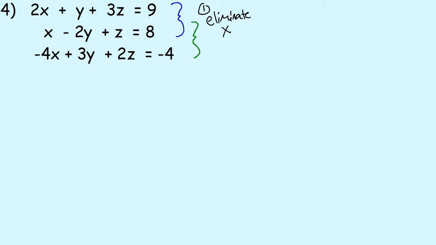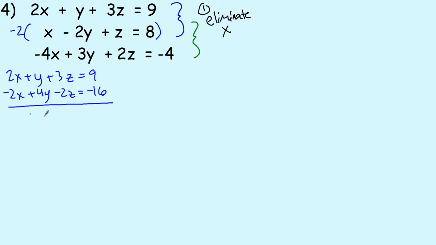Yes, you could have done y or z, it doesn't matter, but I'm going to just do x. So I'm going to multiply this one by negative 2. So the first equation stays the same. Second equation changes slightly. Add those together. We get 5y plus z equals negative 7.